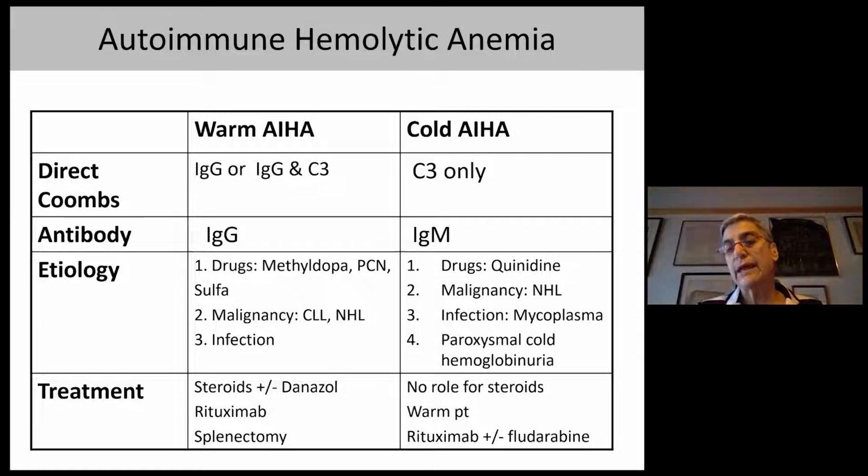And the IgM binds to the surface and binds complement, and then as the blood is warmed, the IgM falls off. So all you see on the Coombs test is the C3. And the most important reason for distinguishing warm from cold antibodies is that they do not respond to steroids or splenectomy, although they do respond to immune suppression with rituximab.